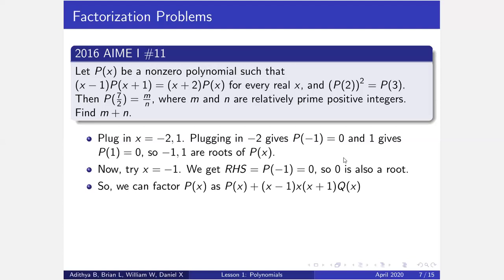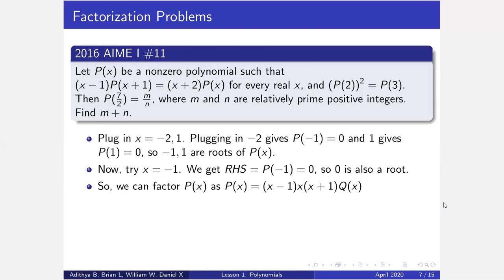Here q of x is just any polynomial. If you write it in this form, this encapsulates all the information that plugging in any of -1, 0, or 1 gives p equal to 0.